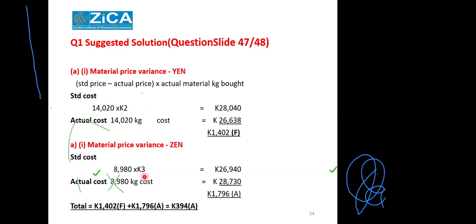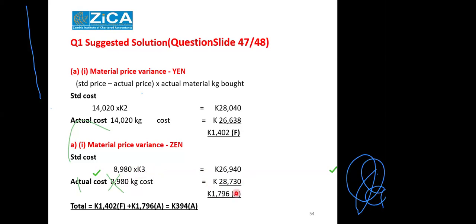Similarly for the other material, 8,980 costs 28,736. You pick it from the question. Then what it should have cost, the standard cost: 8,980 should have cost that. 8,980 actually cost 28,736. But if you had stuck to the standard, 8,980 multiplied by 3 should have cost 26,940.